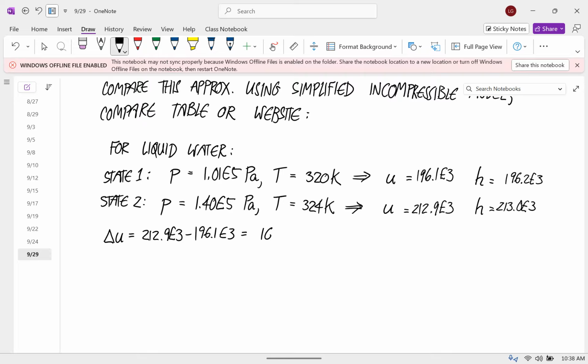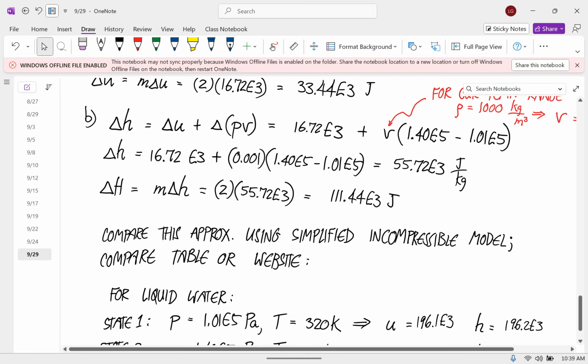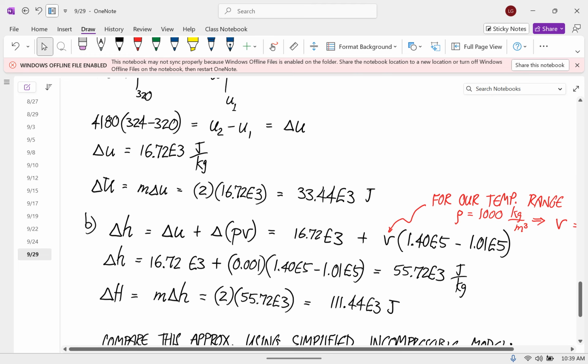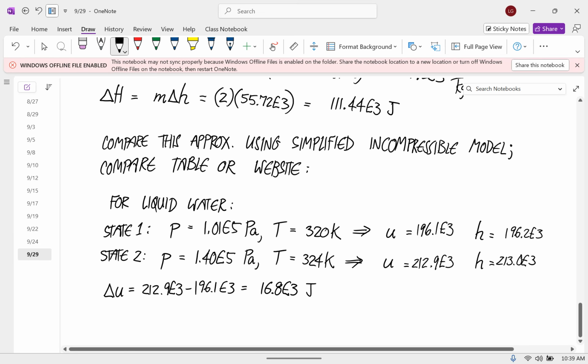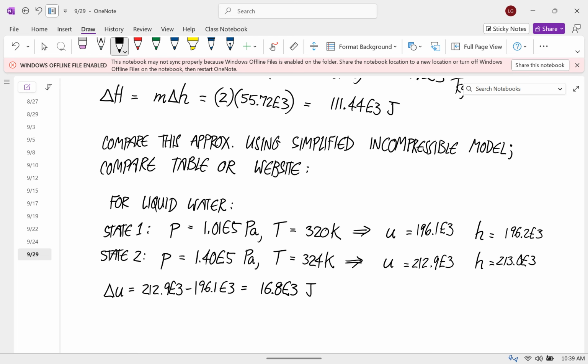And that is 16.8 times 10 to the third joules. So how close were we? Very close. And really probably we're closer than even that says. They're just using fewer significant figures than we are.